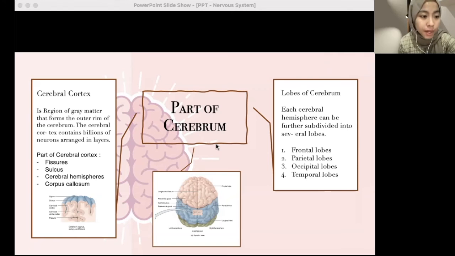The frontal lobe is important for cognitive function and control of voluntary movement or activity. The parietal lobe processes information about temperature, taste, touch, and also movement. And the occipital lobe is primarily responsible for vision.